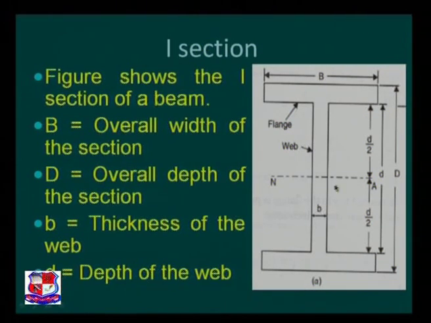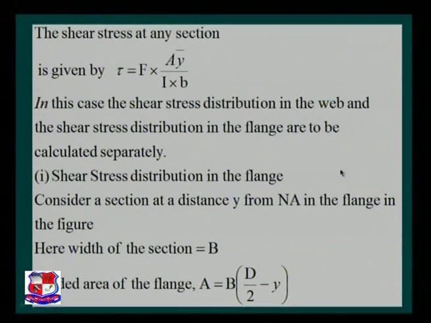This is another rectangular section having a large depth compared to its width. Hence, we have to find the individual shear stress value on the flange as well as on the web. So, let us first find the shear stress distribution in the flange.